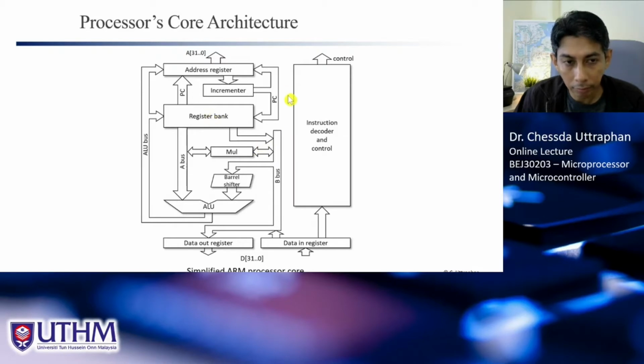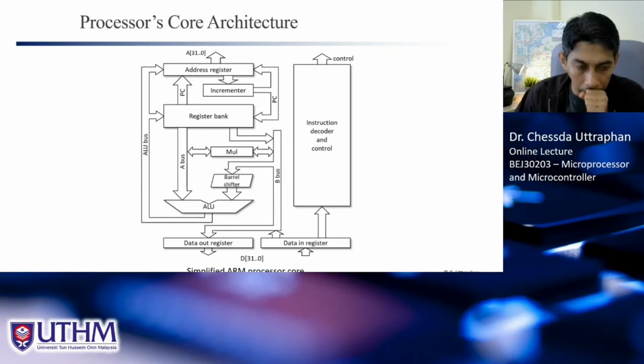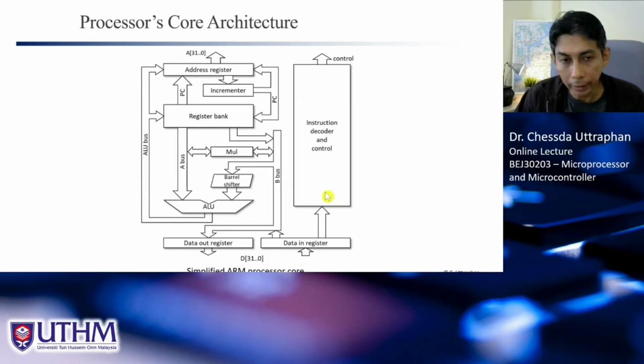So this is very similar to what we have learned in data design, where we have learned how to design a very simple processor, and this is the more complicated one, where we have the ALU here, right? We have the data in register, where the data come in.